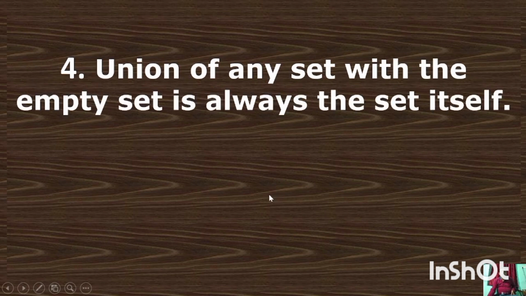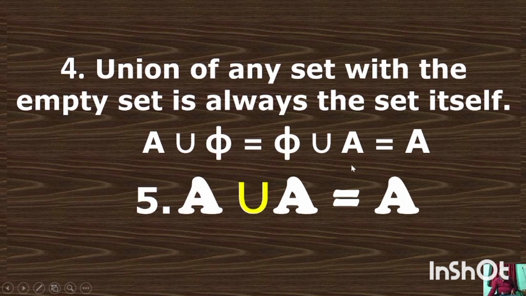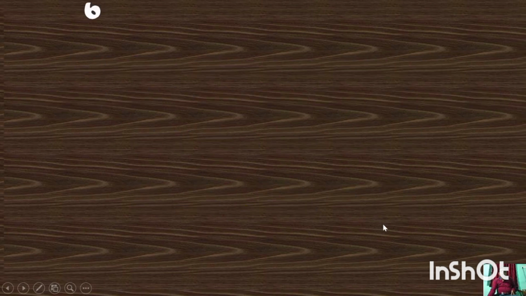Remember this, students: the union of any set with the empty set is always the set itself. A union phi is equal to phi union A is equal to A, and A union A is equal to A. The union of any set with itself is also the same set.